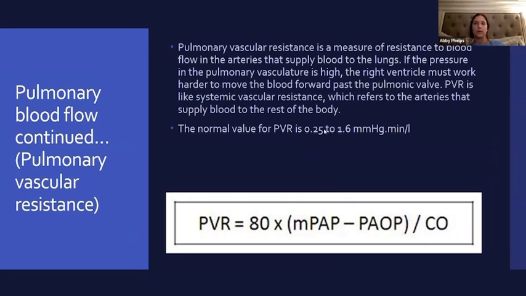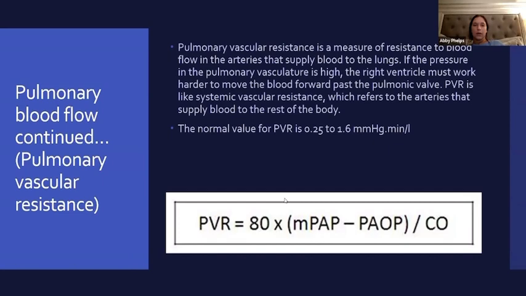Pulmonary vascular resistance is like systemic vascular resistance, which refers to the arteries that supply blood to the rest of the body. The normal value for pulmonary vascular resistance is 0.25 to 1.6 millimeters of mercury.